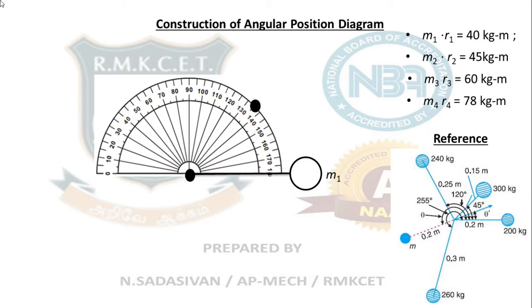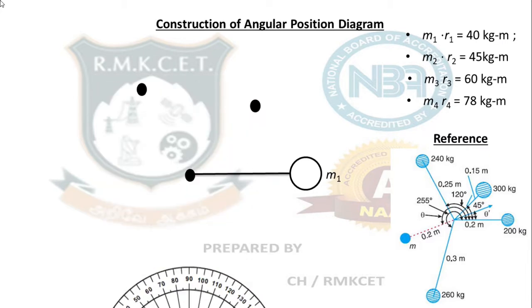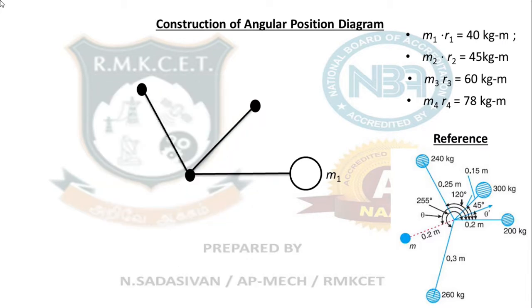Then 75 from this 45 is actually 75 plus 45, which is 120, totally 120 from the base horizontal. Two angles you mark, and then remove the protractor. Just connect these lines. The second position, 45 degree, is your mass m2. The third one is your mass m3.